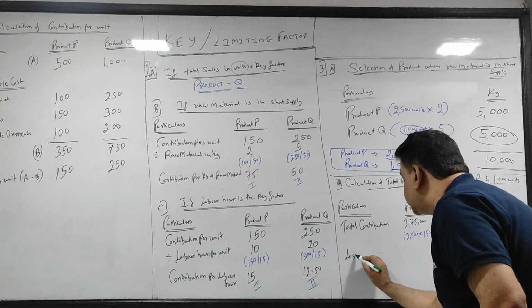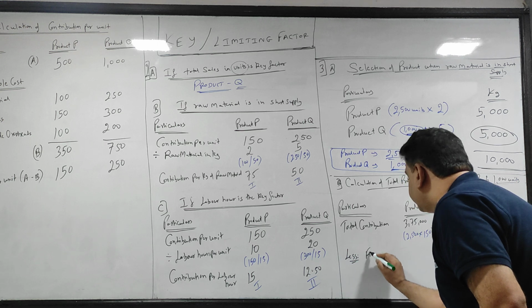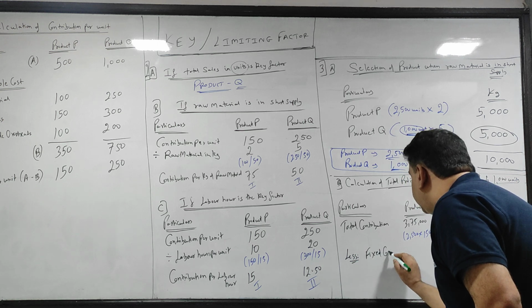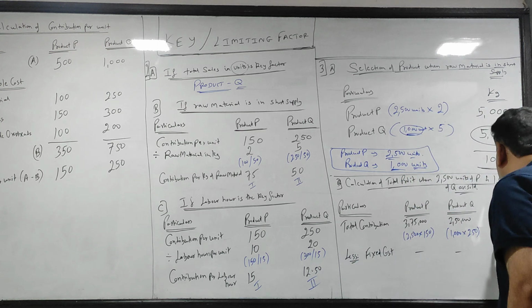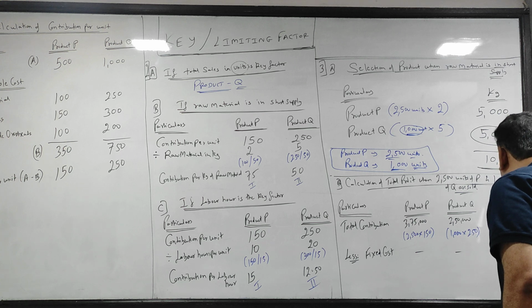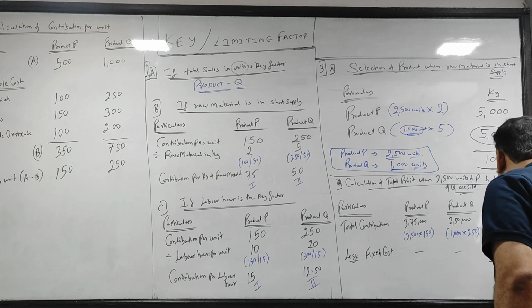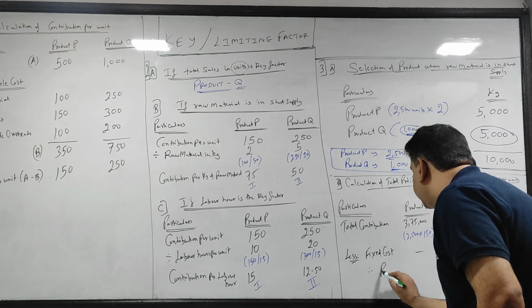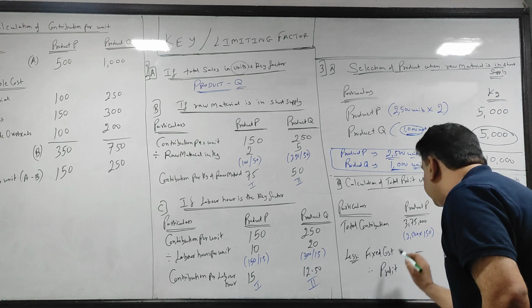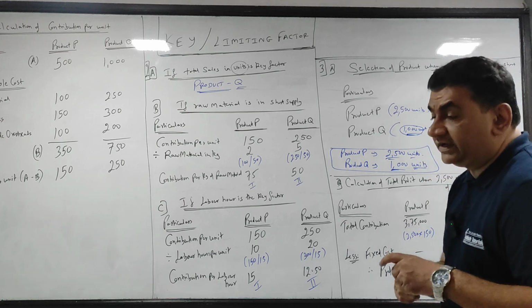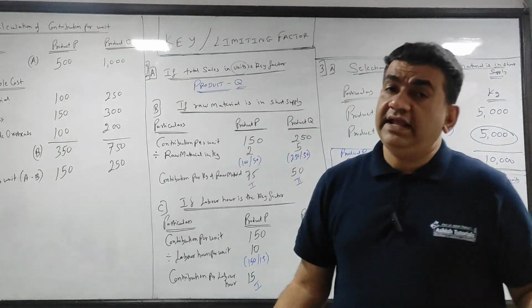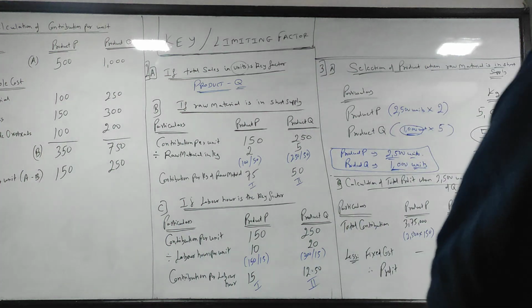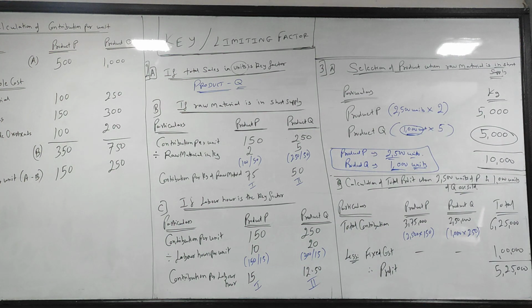So from this I will deduct fixed cost, and you all know very well, fixed cost तुम्हारा जाता है टोटल कॉलम में. So 625 minus 1 lakh, 525. Therefore, my profit is 5 lakh 25,000. So the profit is 5 lakh 25,000.